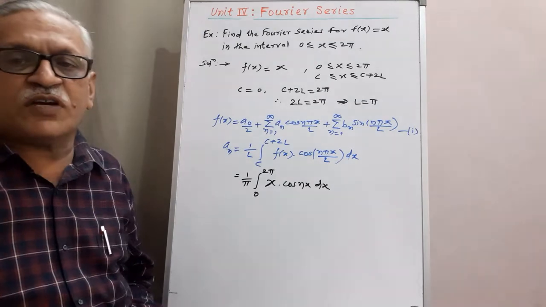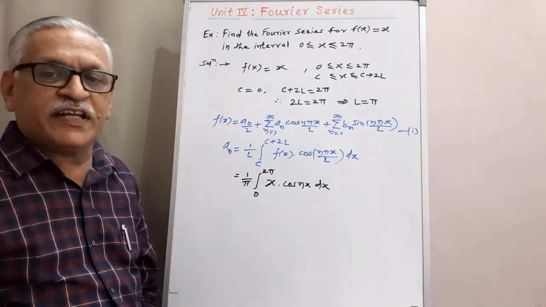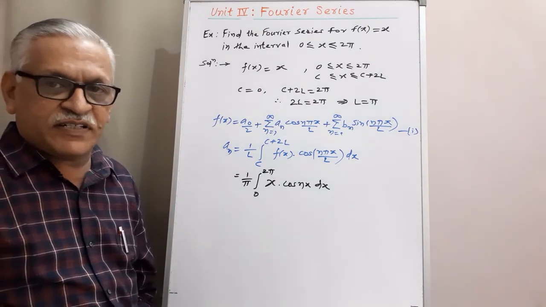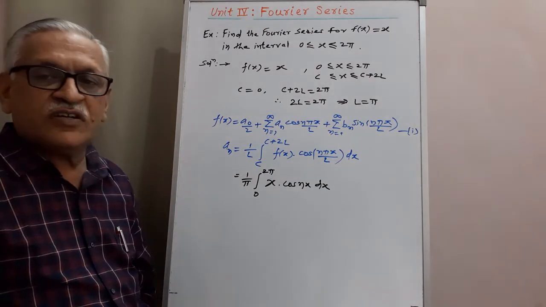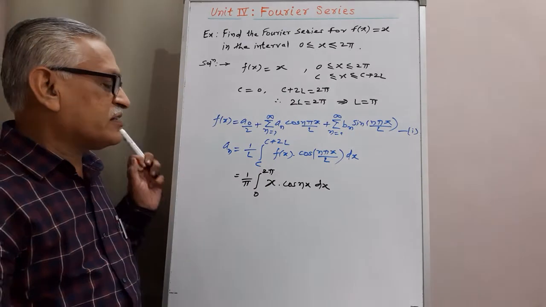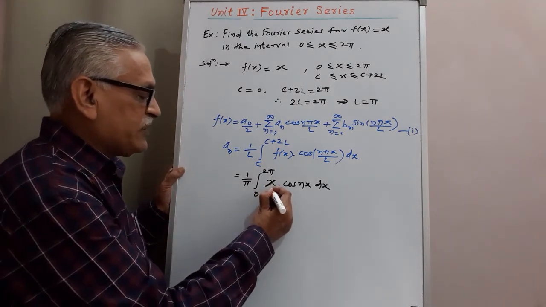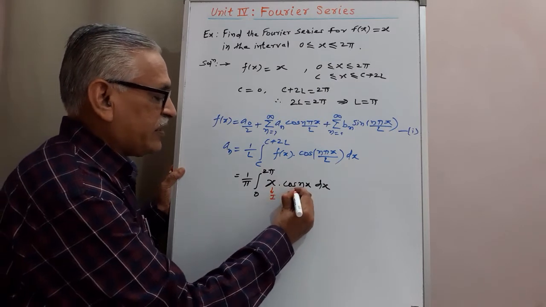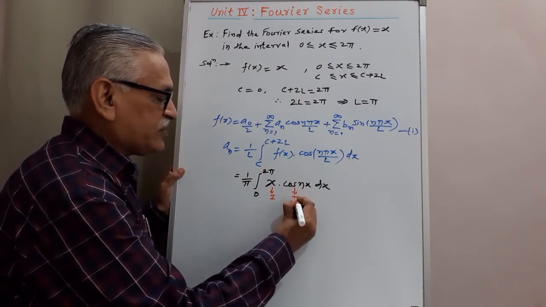This is a product of two functions of x, and therefore we integrate using the generalized integration by parts. The first term x is an algebraic term, and the second term cos of nx is a trigonometric term. Therefore, as per the rule LIATE, x must be the first and cos of nx must be the second term.